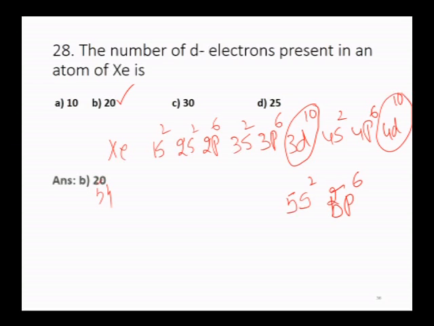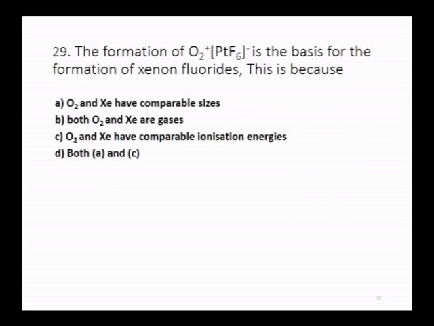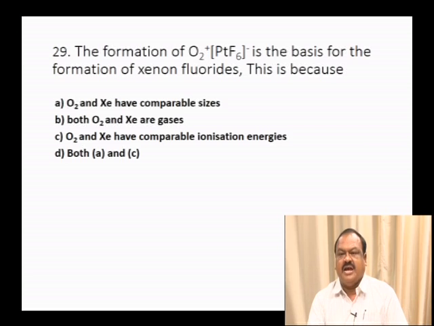Next, the formation of oxygen hexafluoroplatinate. This is the first compound prepared by Neil Bartlett with xenon, on the basis of which xenon fluorides were formed. Options: oxygen and xenon have same comparable sizes. It is true. Both oxygen and xenon are gases, not so correct.